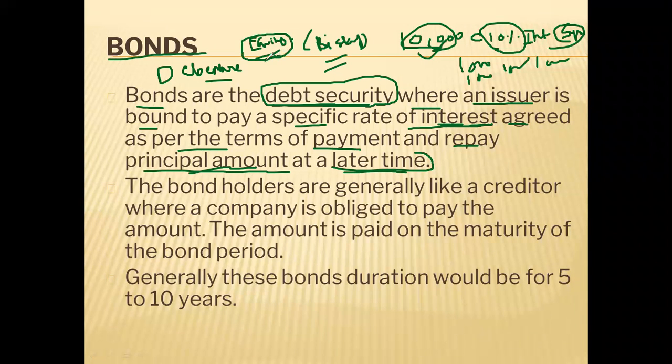So as an investor, you have to select whether you go for risky investment or you want to be safe. Suppose you're a risk-loving person, you like to take risk, then you can go for equity instruments. Or you say, I want less income, but I should get it in a safe manner, then you can go for bonds, debentures, etc. So that depends upon the investor's perspective.